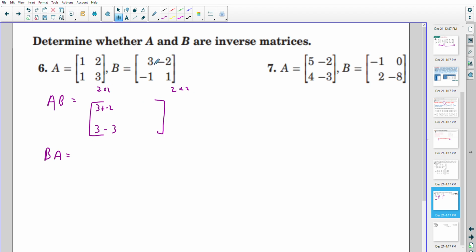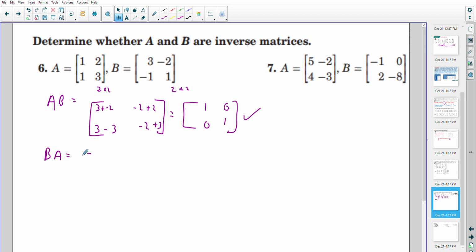Going to the next row by column, so it's 1 times -2 is -2, 2 times 1 is 2, and the very last one, row by column, is -2 plus 3. And that's going to tell you that this particular matrix is a 1, 0, 0, 1, which in fact checks out that it's going to be true.